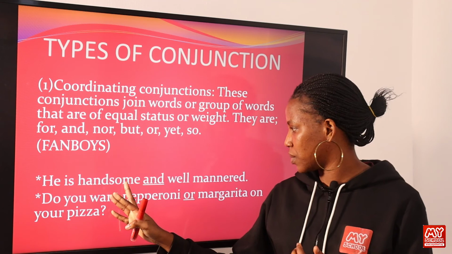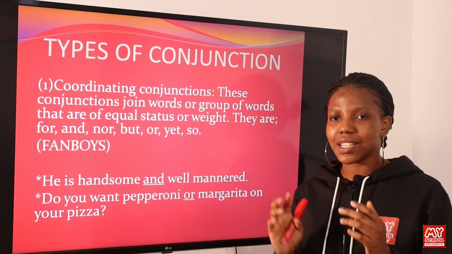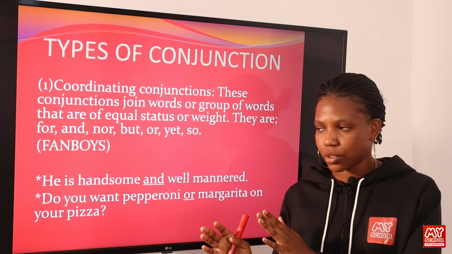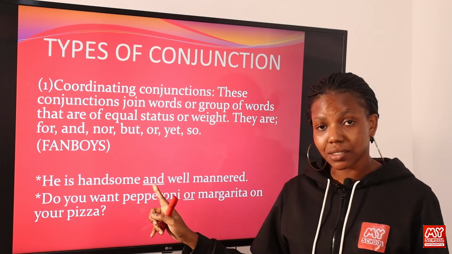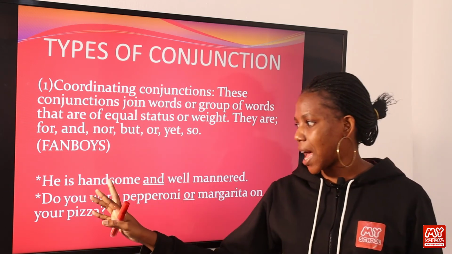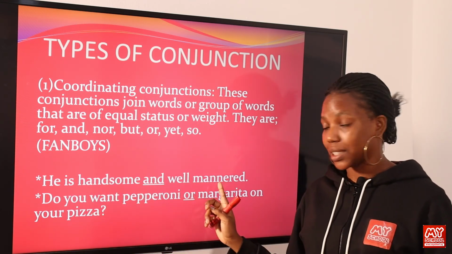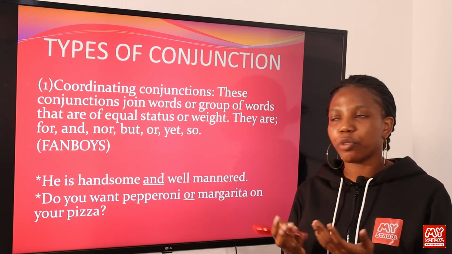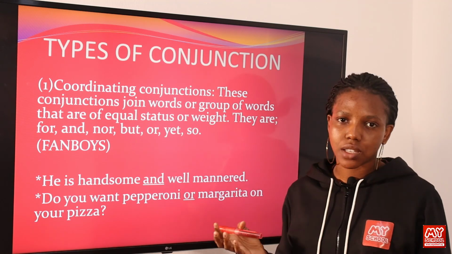He is handsome. He is well-mannered. The same structure: subject, verb, and then adjective. And we have joined it with and, having only the adjective after and. So he is handsome and well-mannered. All of these examples are used to join words or groups of words that are of equal status or weight.